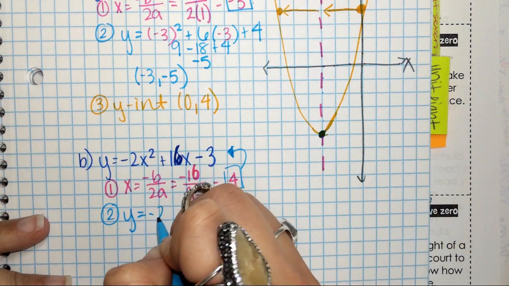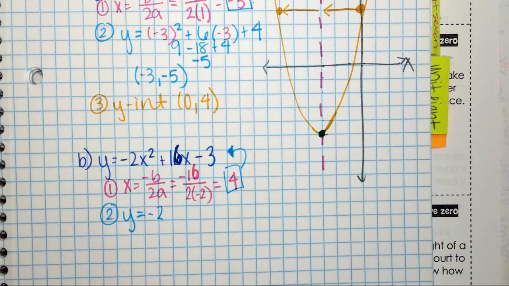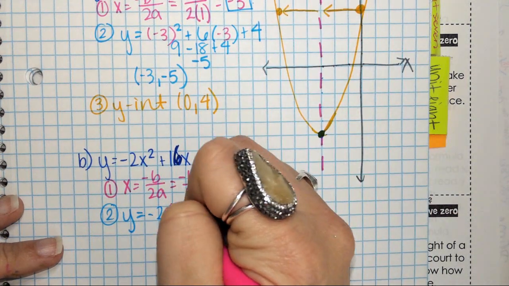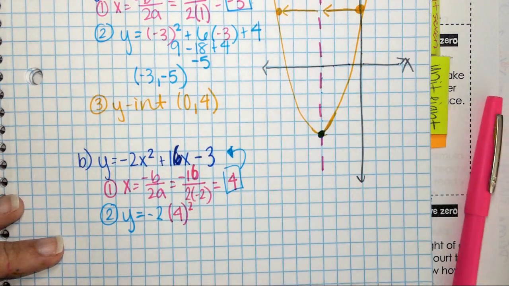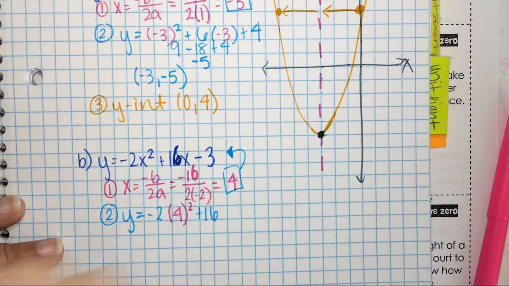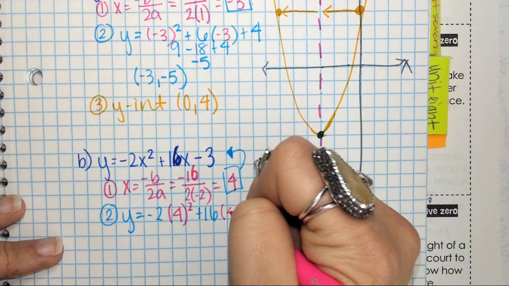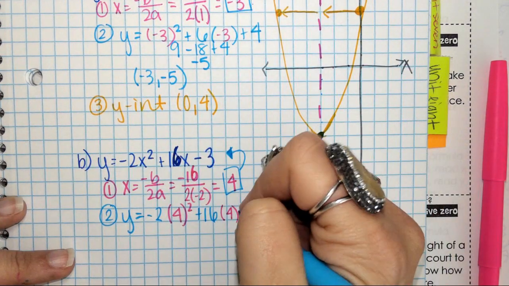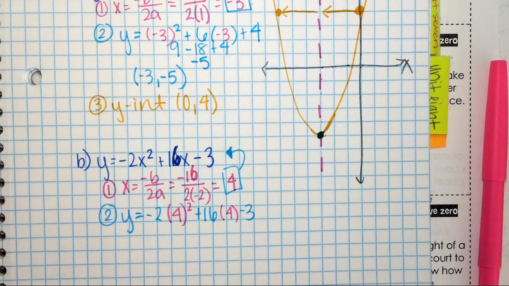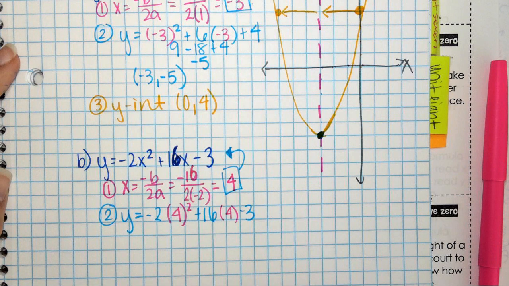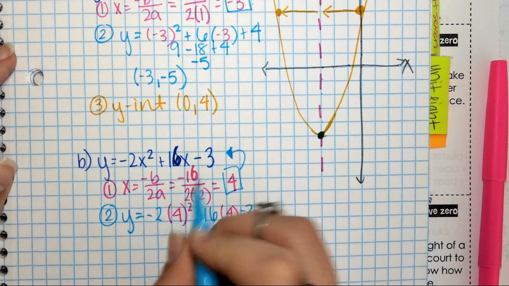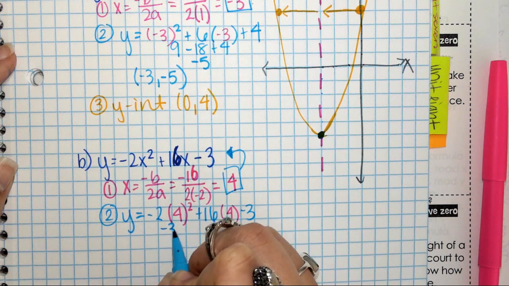Alright, so it's negative 2 times 4 squared plus 16 times what? 4. Minus? 3. Good. So you got negative 32 here, right?